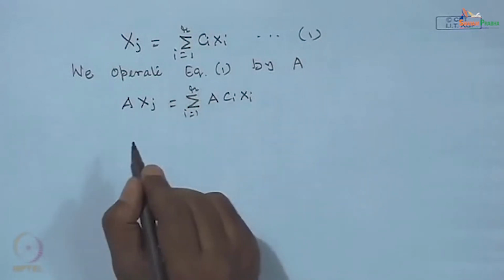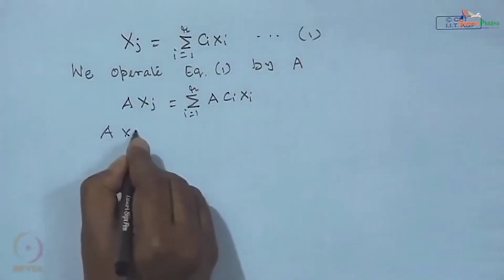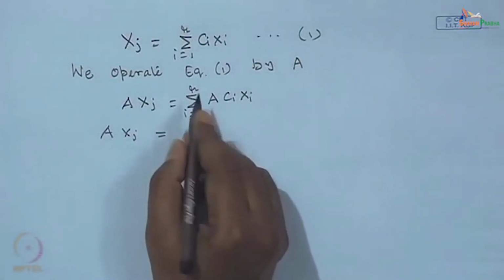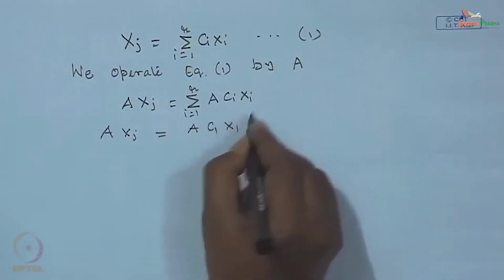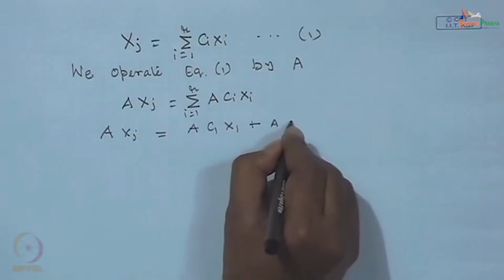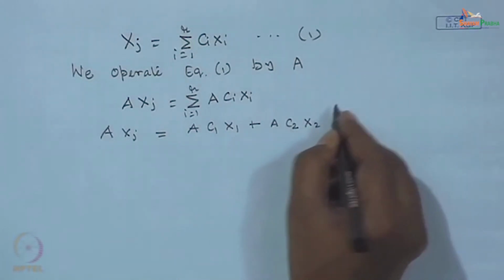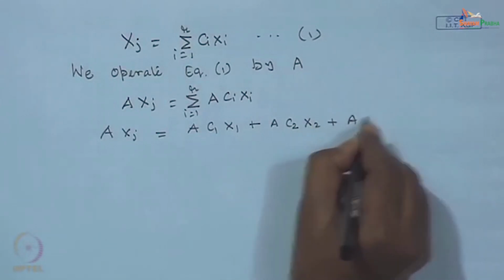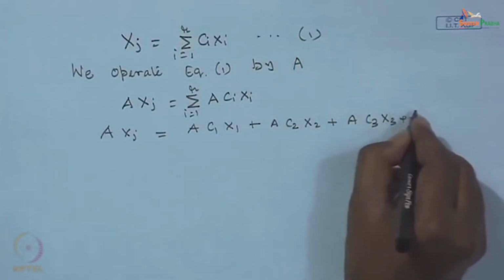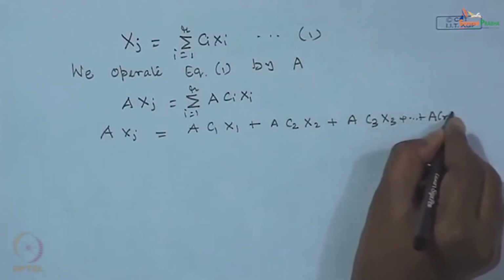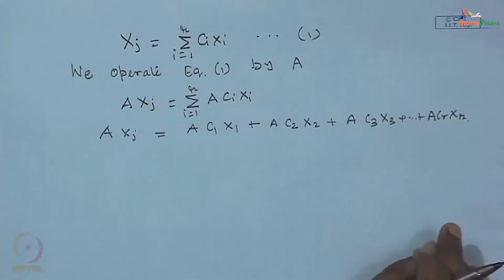Now we open up this summation series. So, A x j is equal to A c 1 x 1 plus A c 2 x 2 plus A c 3 x 3 up to A c r x r.